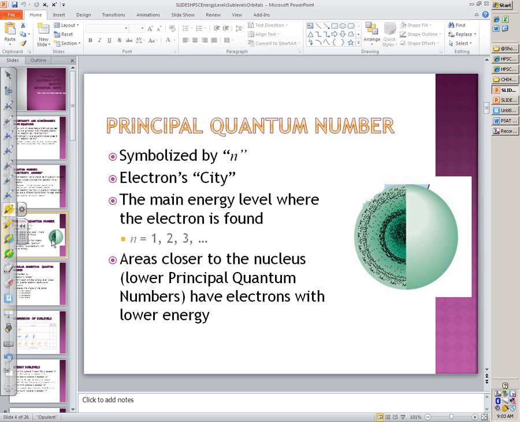What we're more interested in is, all of these areas exist. There are areas that it's highly probable that electrons will be in, but is there an order to which we fill them up? Are there certain areas where it's more probable of finding electrons than other areas? We find out that the answer to that is yes. What governs that idea? What determines what areas are more probable of finding electrons than other areas?